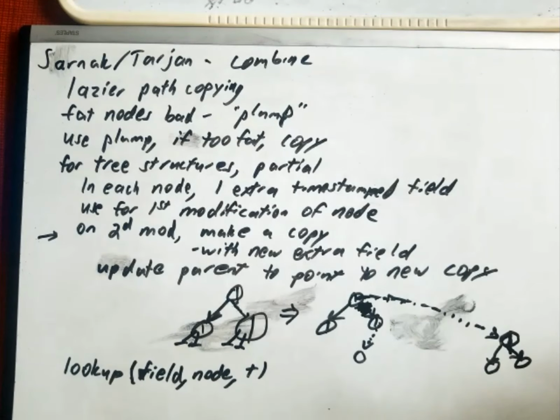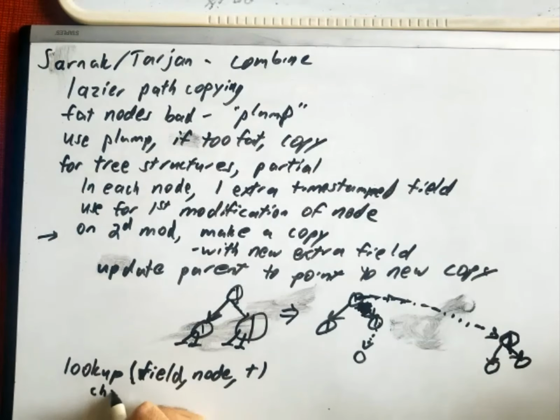Well, don't we have to go down the tree? But every time we want to search, we have to check both what we were originally looking at and then also the extra field to see if that has been updated, and then just go down the tree recursively like that?